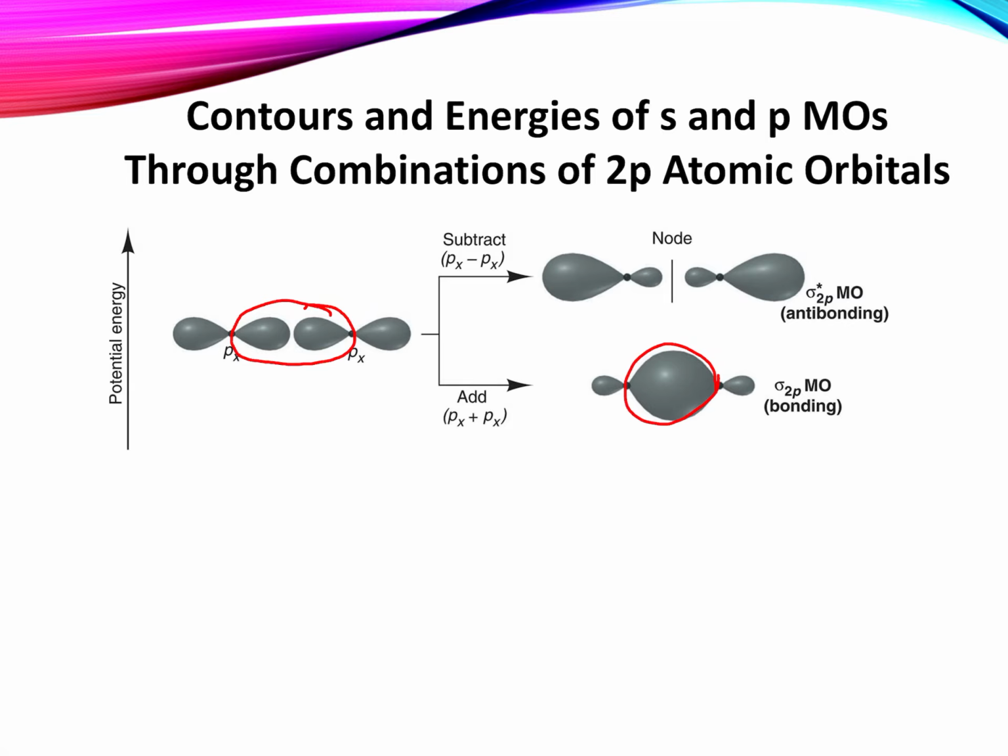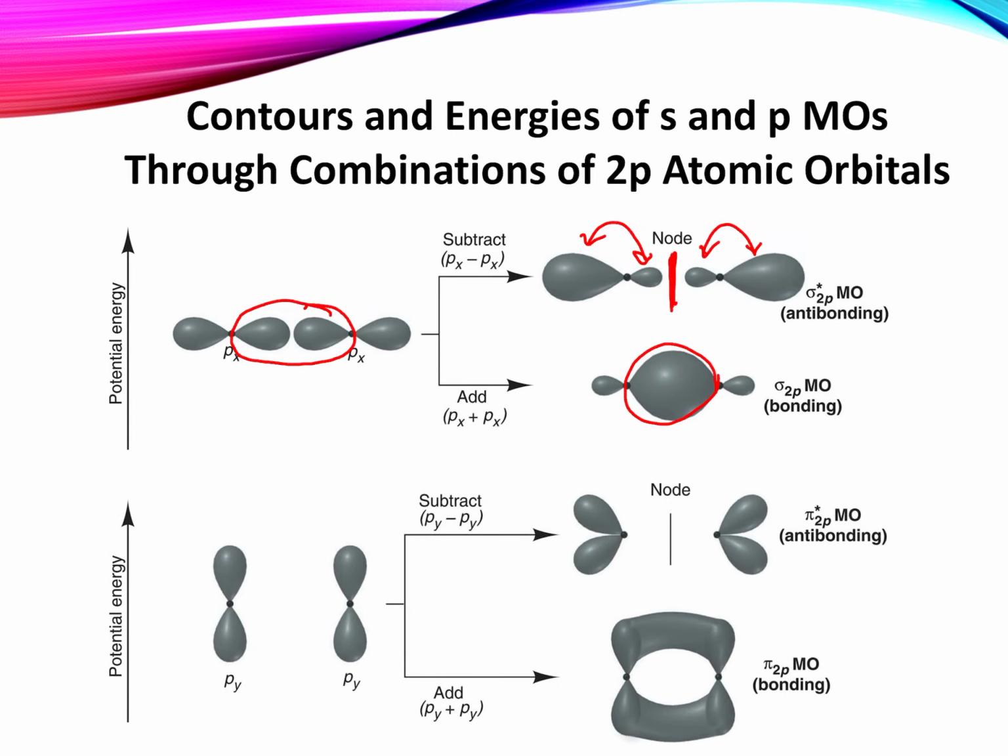And when we have the sigma star 2p, we're going to get the nodal plane. Essentially, you can just think of these as being spun one way or the other. They flip to form the bonding, or they flip to form the anti-bonding. So then we are seeing the nodal plane. There are no electrons that are going to exist in this space between the two atoms.